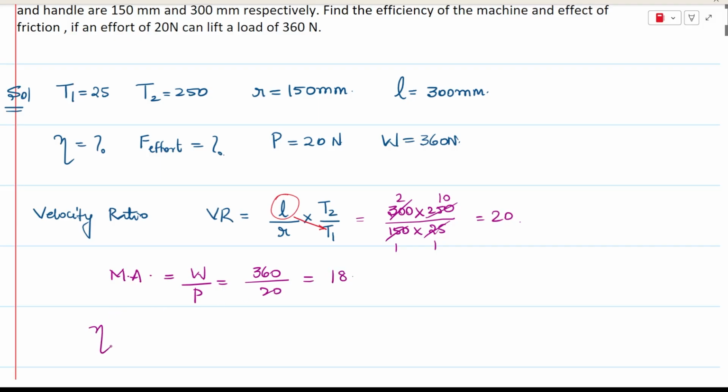And efficiency in this case would be mechanical advantage divided by velocity ratio. So mechanical advantage is 18 divided by 20. This will be equal to 0.9. 0.9 or 90% would be the efficiency.